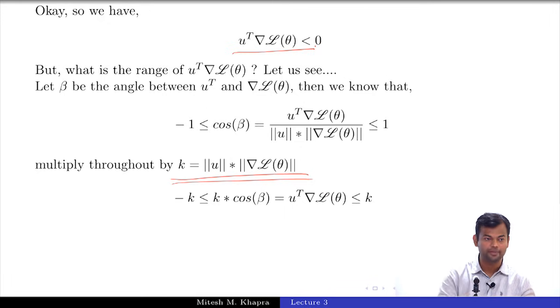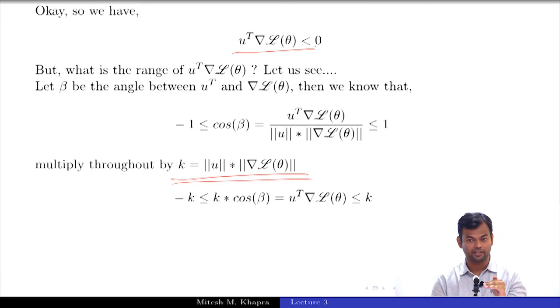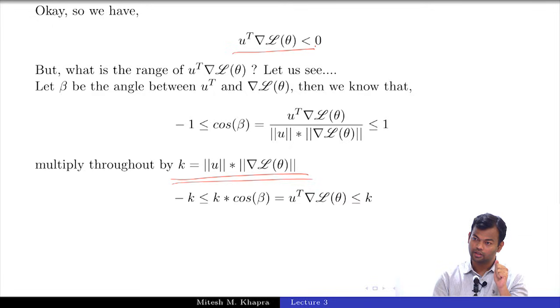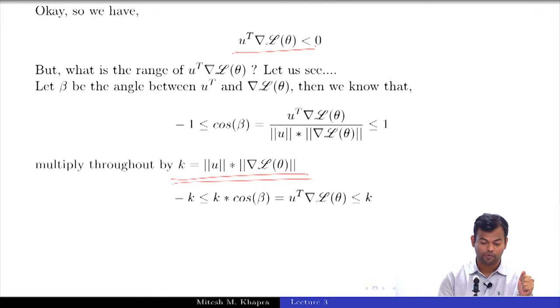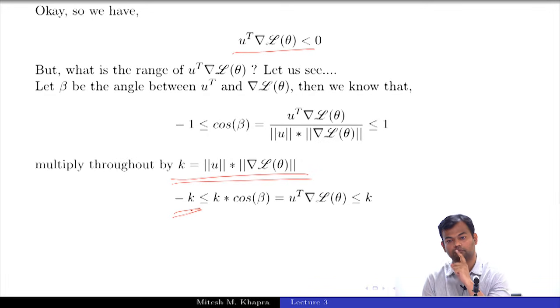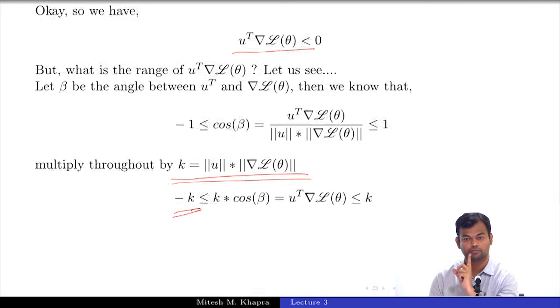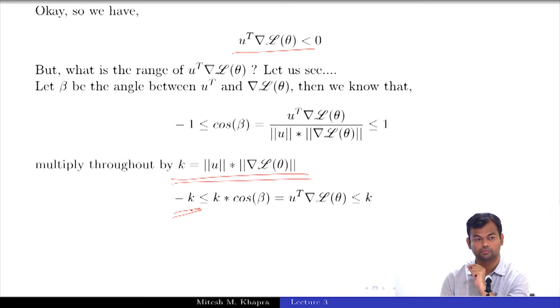Because this quantity tells me how much my loss decreases. So the more negative it is, the more the loss will decrease. So let me make it as negative as possible. Now, what is that value? When will that happen? When alpha is, you know the answer, you started with the answer.